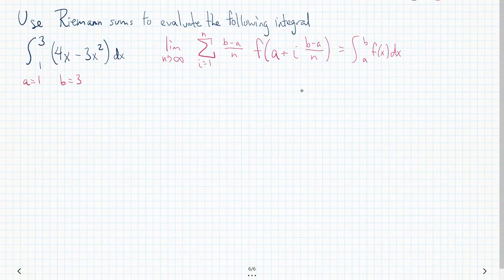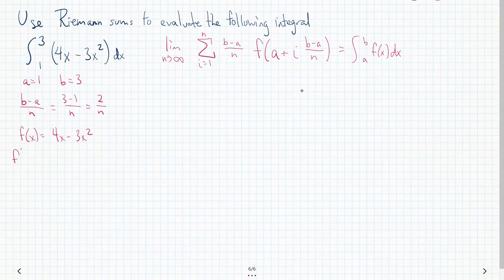So that means b minus a over n would equal 3 minus 1 over n, which is 2 over n. Okay, and now we have f of x equals 4x minus 3x squared.